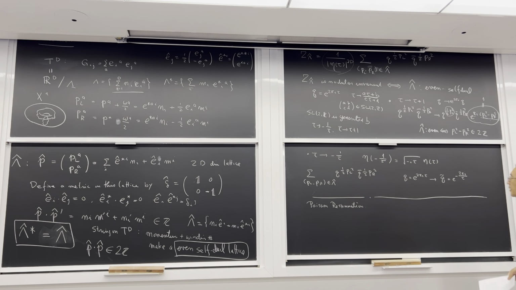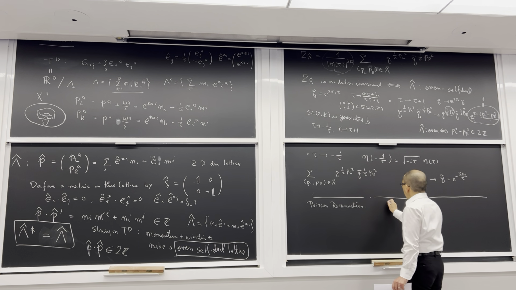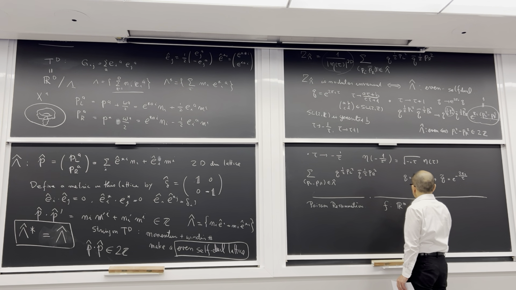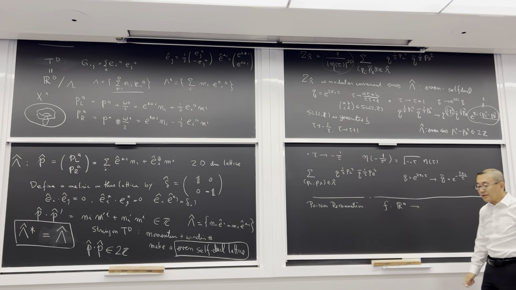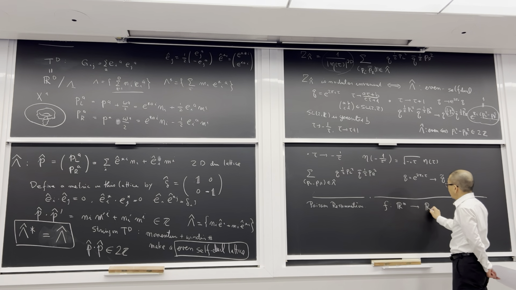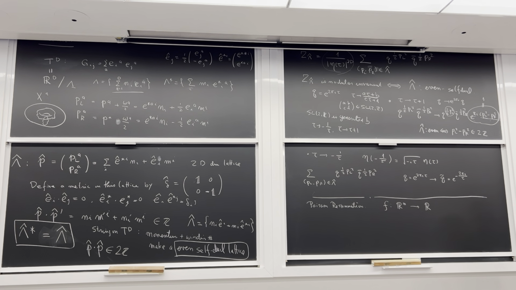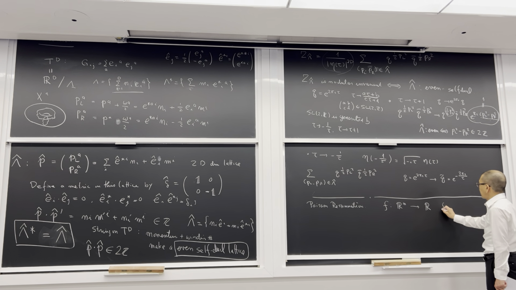Okay, so Poisson resummation is the following trick, and this is actually a very useful trick. Suppose f is a function in n dimensions. So n is going to be 2d eventually. So this is a function defined on R^n.